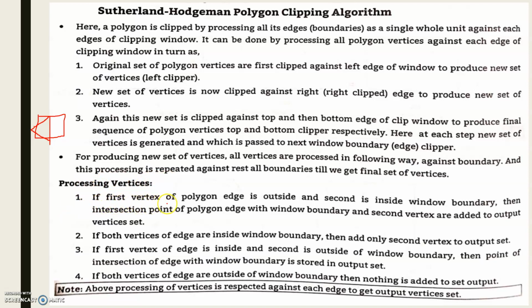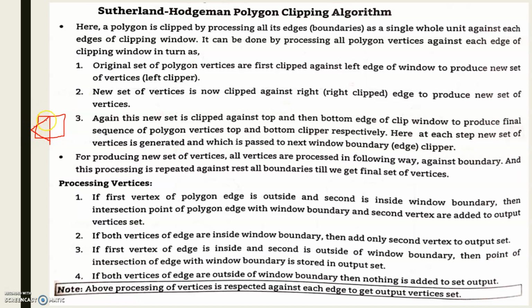If the first vertex of the polygon edge is outside and the second is inside the window boundary. Consider this square as your clipping window, and this is your polygon.